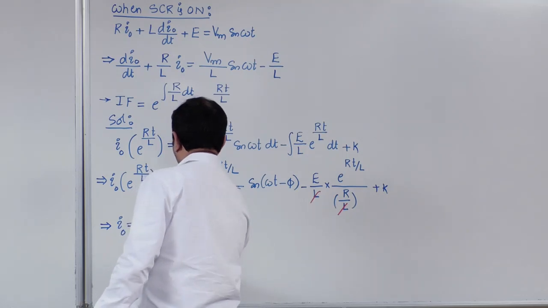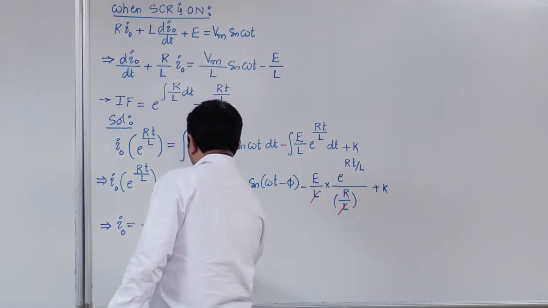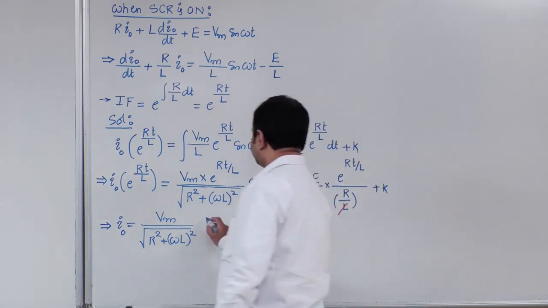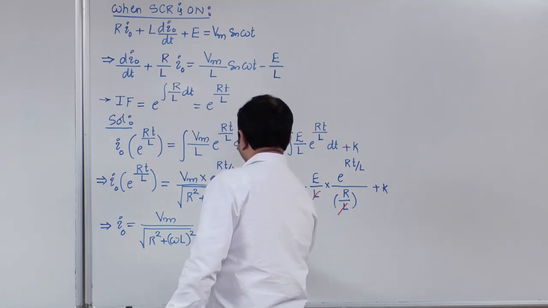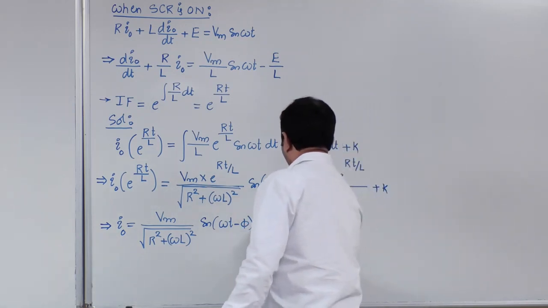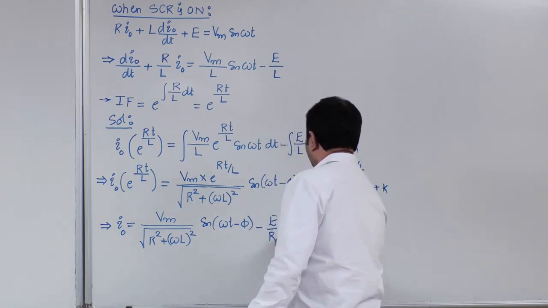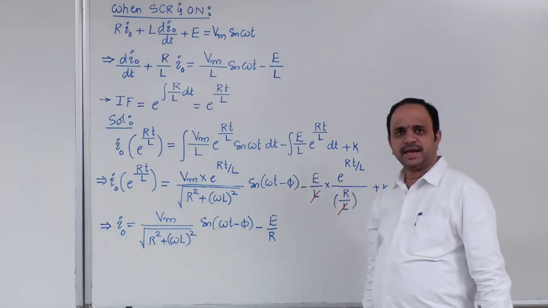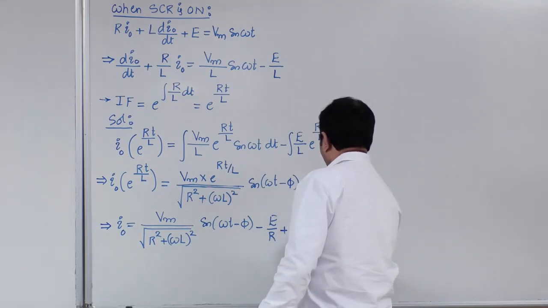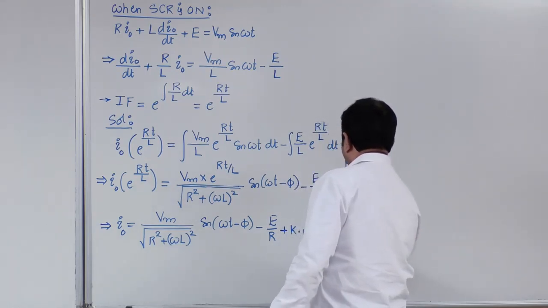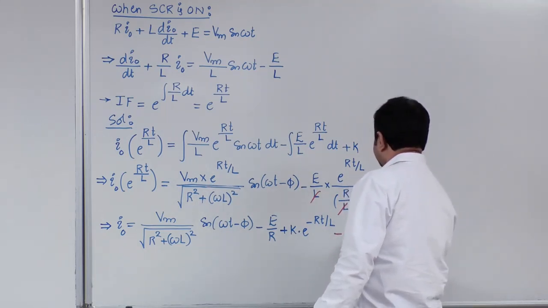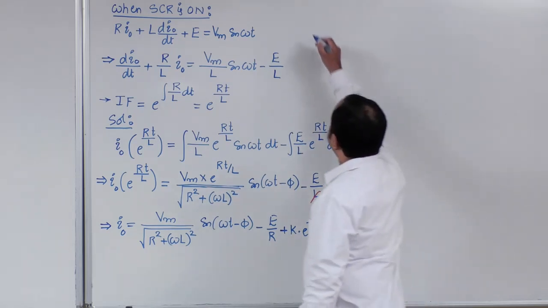Vm divided by square root of r square plus omega L whole square multiplied with sin of omega t minus phi minus e by r. The exponential term will be cancelled because we are dividing both sides with that number, plus k into e power minus rt by L. Let us write, this is equation number 1.